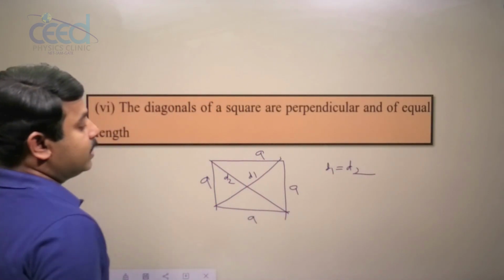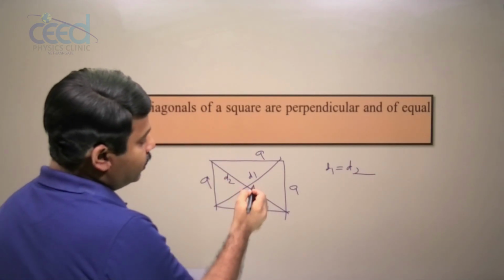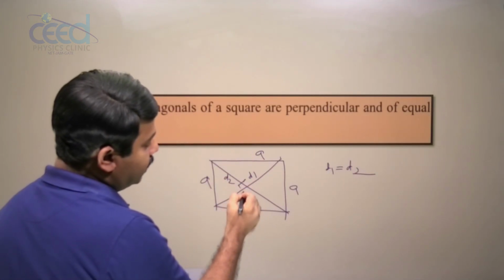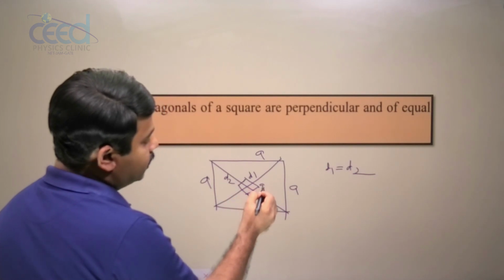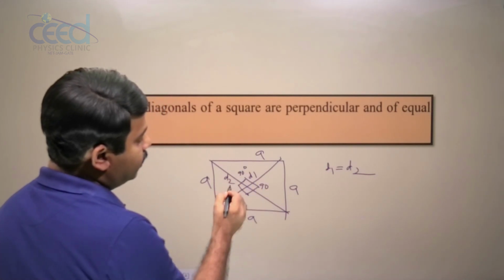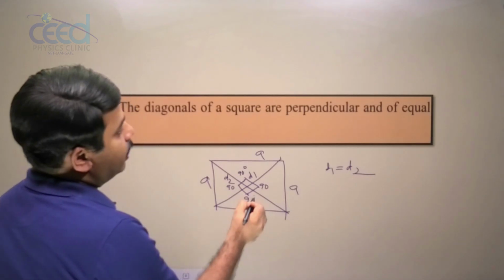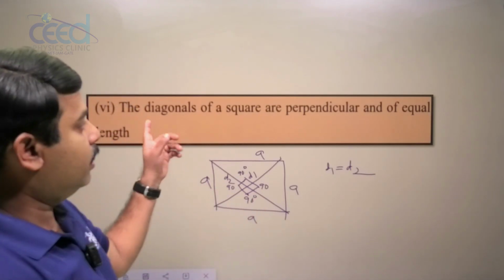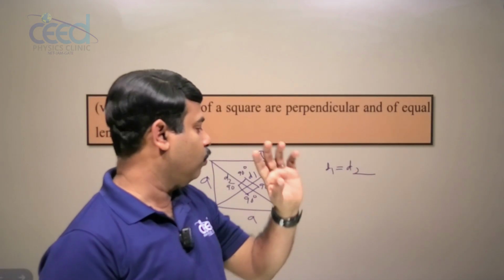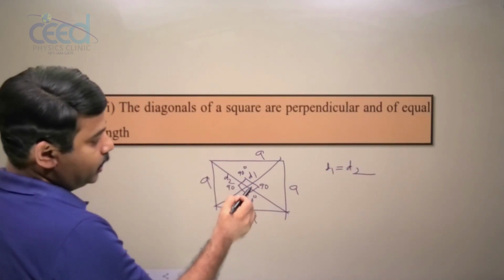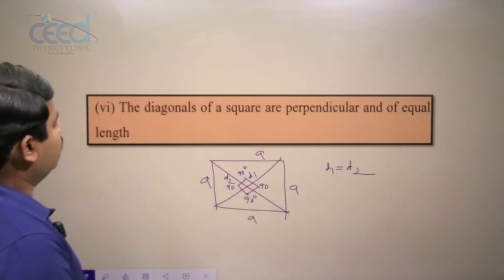Next point is, for a square, these diagonals bisect each other at right angles. This angle 90, this angle 90, this angle 90, this angle 90. So diagonals of the square are perpendicular to each other. All the angles are 90 degrees here, right?